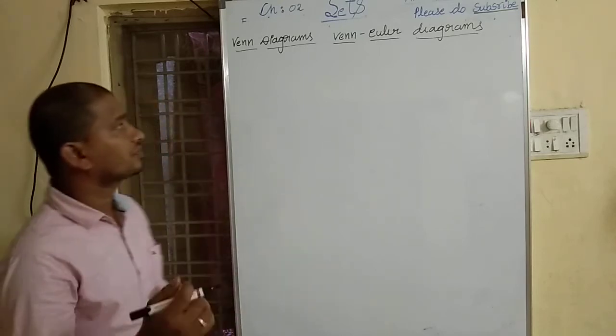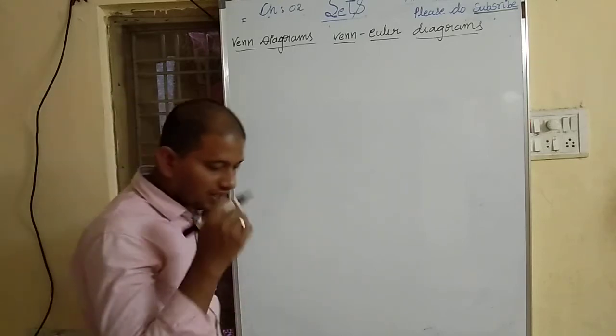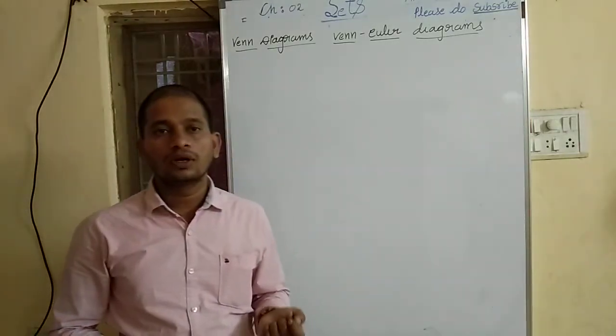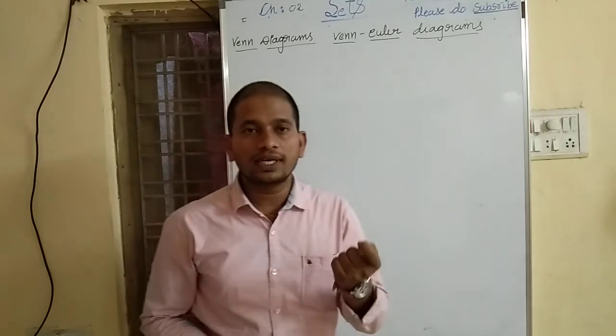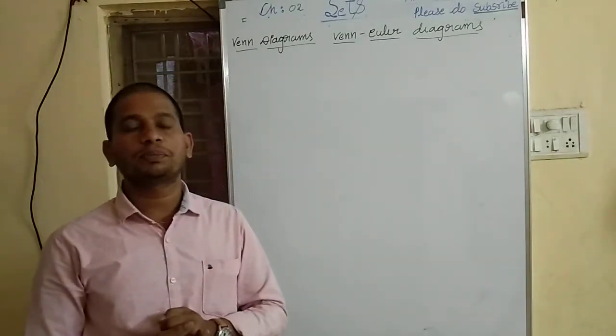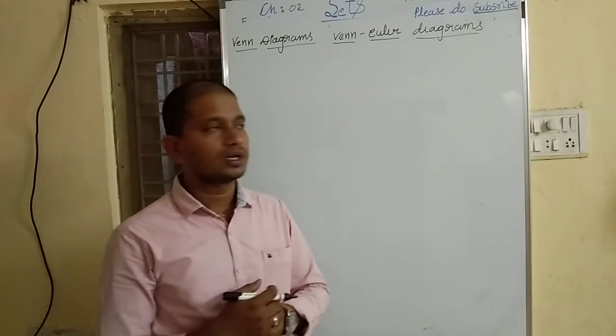Okay. For example, as we already learned in the previous video, the universal set is represented by a rectangle.